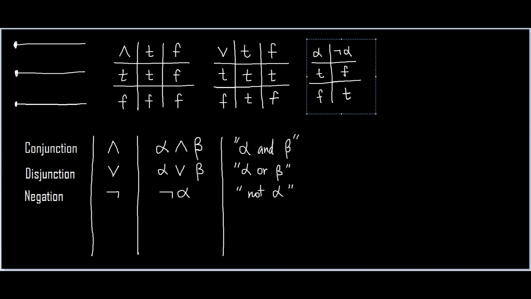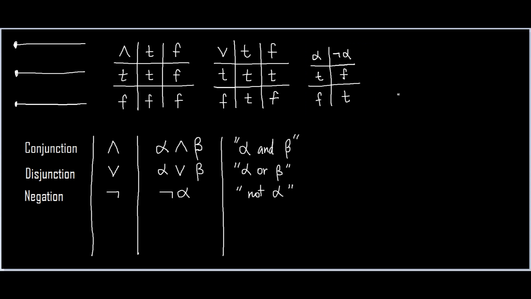Now, while we have these truth tables, we actually don't really want to use them too much in structuring proofs. This is more for our understanding of the intuition of the logical meaning.